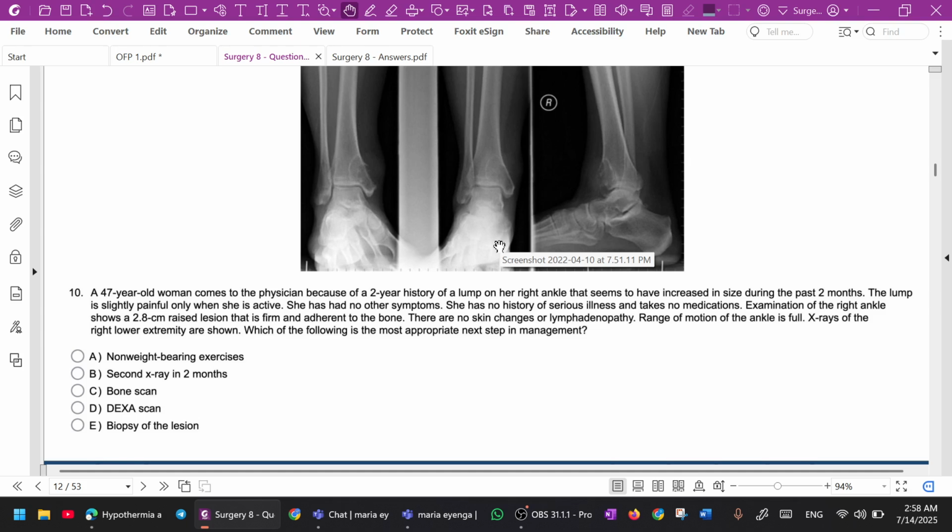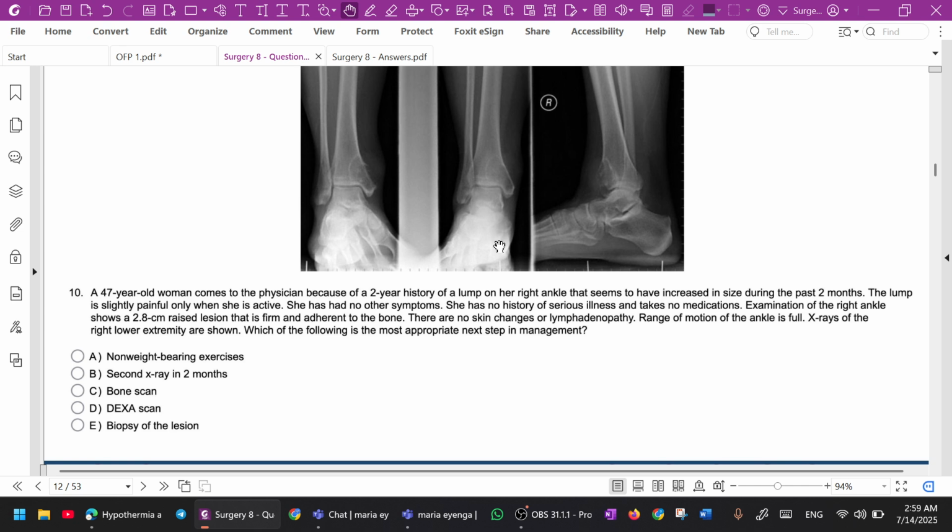A 47-year-old woman comes to the physician because of a 2-year history of a lump on the right ankle that seems to have increased in size during the past 2 months. The lump is slightly painful when she is active. She has no other symptoms.